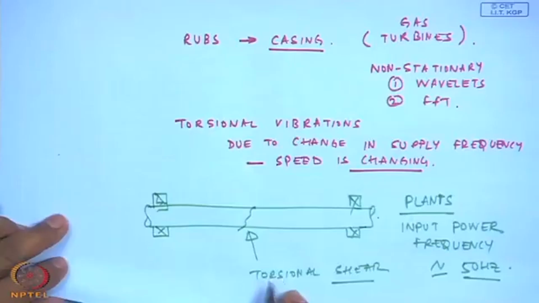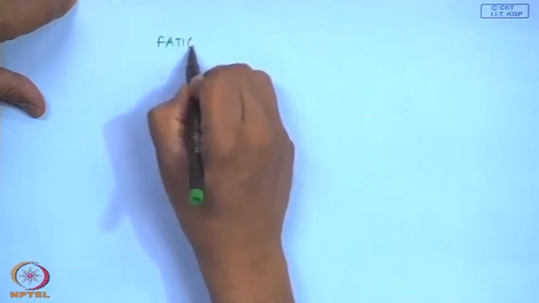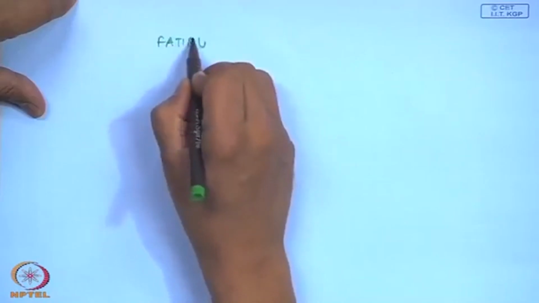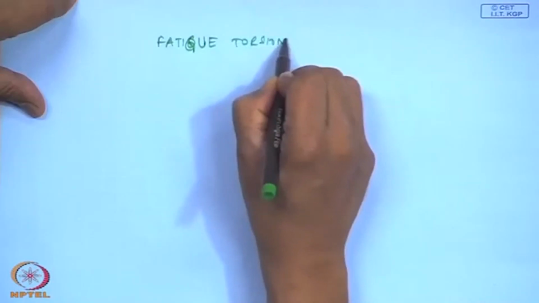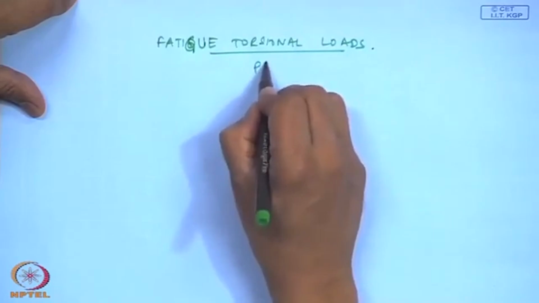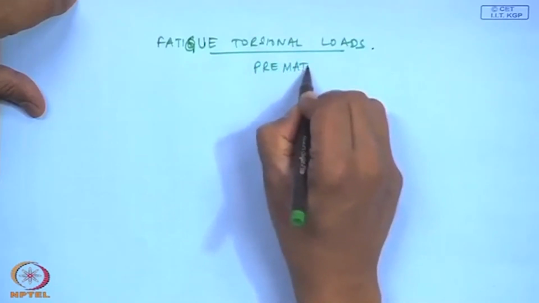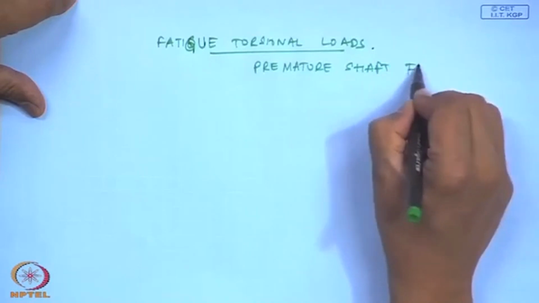Because of the load and poor power generation, sometimes it falls, and then again if it decreases, this will give rise to speed fluctuations, and these speed fluctuations will introduce fatigue torque, torsional loads, and lead to premature shaft failure.